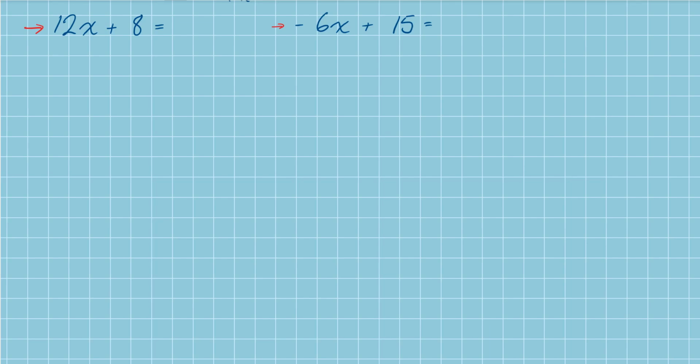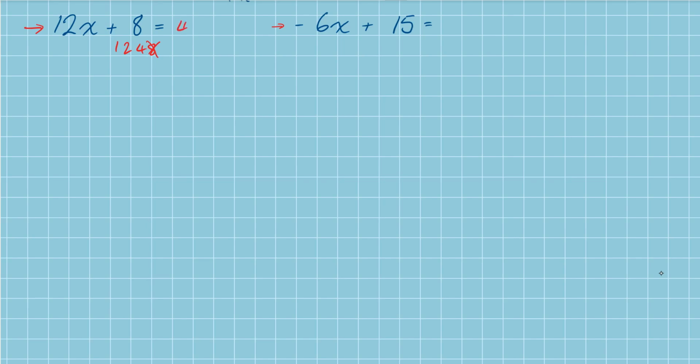All right, so answer time. Let's do this thing. Start with the first one. What are our common factors? Actually, I'm going to look at the factors of 8 first, because it's the lowest number. I'm going to go 1, 2, 4, and 8. Is 8 a factor of 12? It is not. Is 4 a factor of 12? Yes, it is.